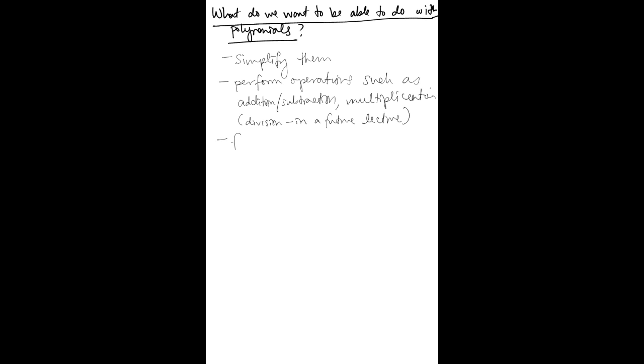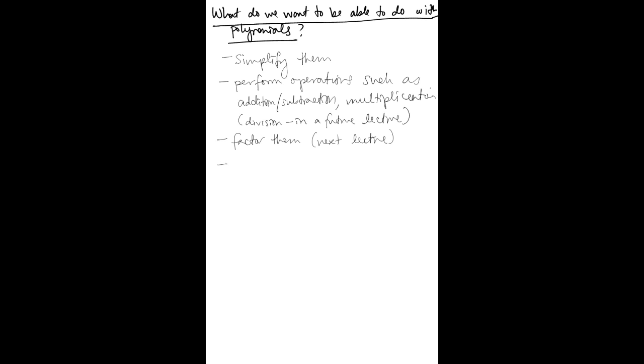We want to be able to factor them. We're not going to do that in this lecture. This will come up in the next lecture. Factoring is just the opposite of multiplying. We go backwards. Instead of multiplying two things together to get a product, we start with the product and go backwards to find out what the factors were.